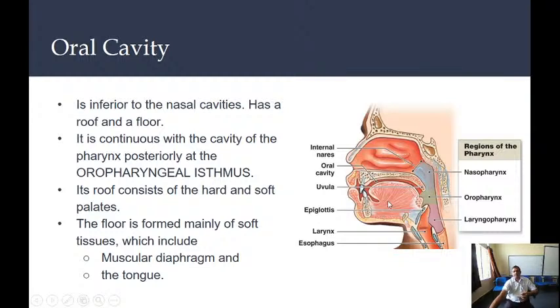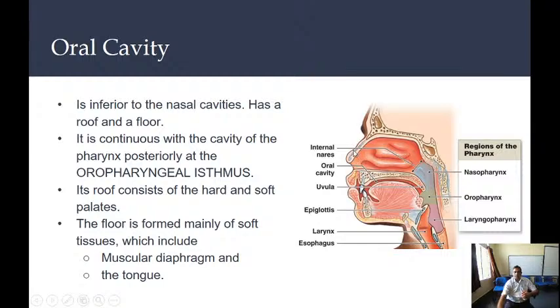Then we go to the anterior extent. The anterior limit is formed by the lips, the upper and the lower lips, which close together and form what is known as the oral fissure. And that is the anterior limit of the oral cavity.